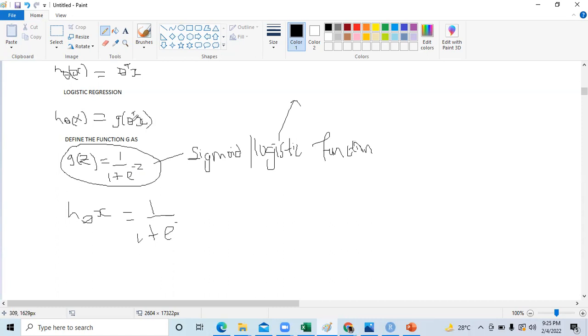Obviously, it's going to be theta transpose x, right? So h of x equals 1 over 1 plus e raised to power minus theta transpose x, right? So obviously, what we just did is to say that our z equals theta transpose x, right?